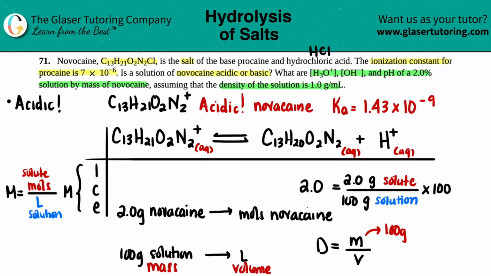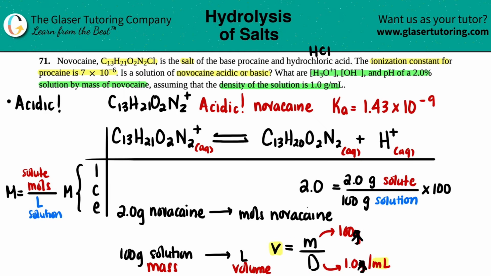So if I just needed to solve for volume, I would just rearrange this formula so that volume is equal to mass divided by density. 1.0 grams per mil. And I can do this because gram will cancel out with gram. But the thing here is that this volume will be in mils because that's the volume of the density. So 100 divided by 1 is 100. So maybe if I just move this over, we have 100 mils.